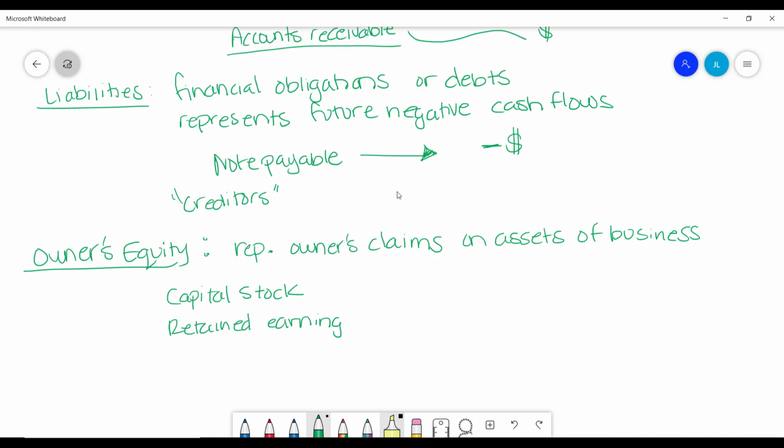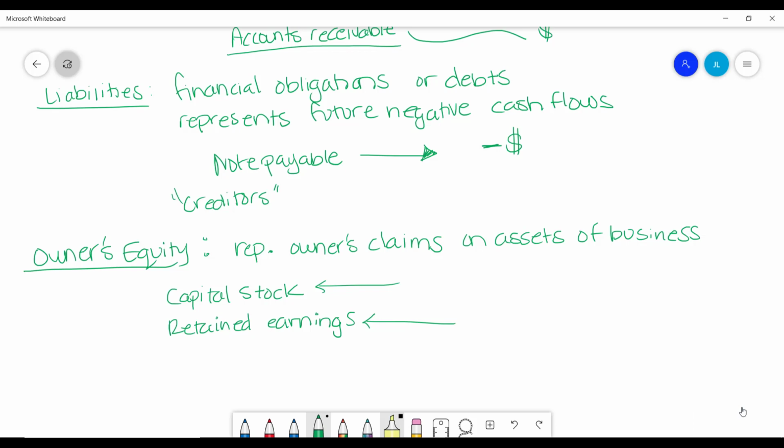The capital stock refers to the amount of money that has been invested in the business by investors, by the owners. Retained earnings, the name kind of gives it away: how much earnings have been retained within the business and not been paid out? How much is left of earnings since the company came into existence?